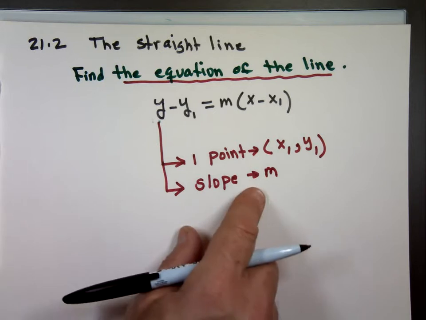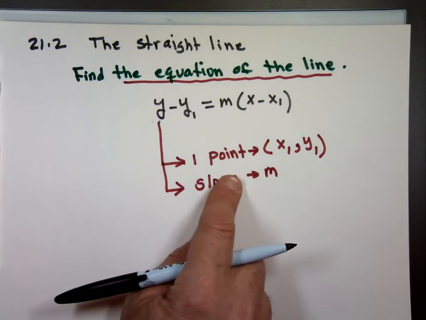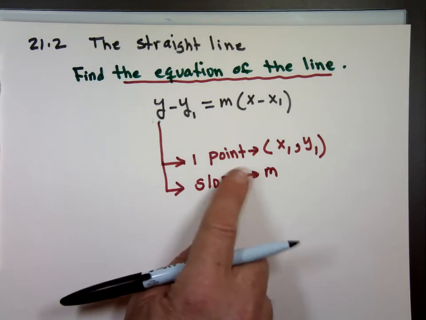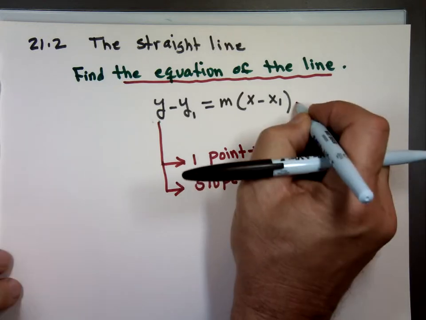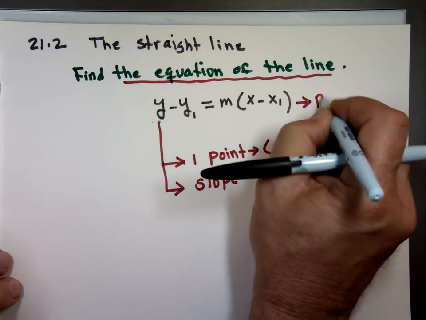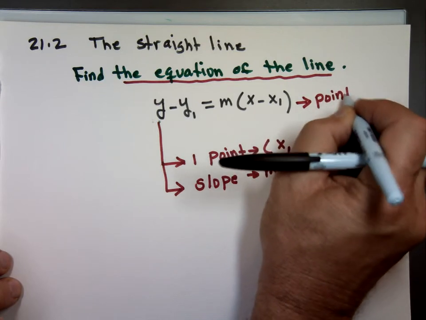So you need the slope and one point. Guess what the name of this format is called? The point slope form.